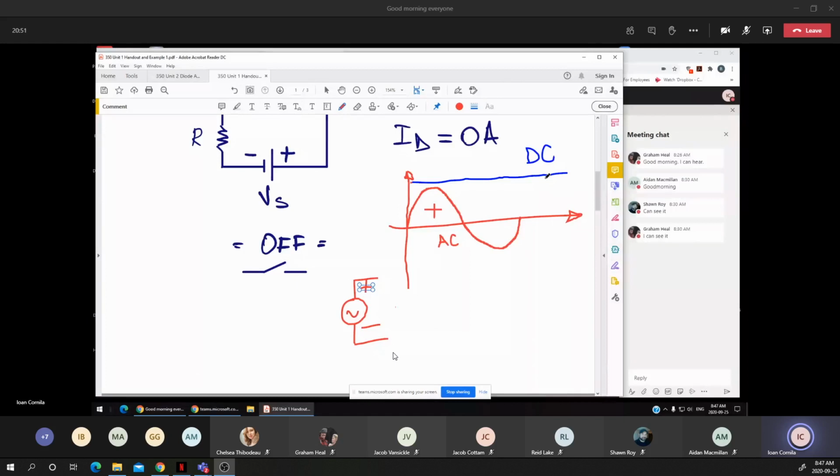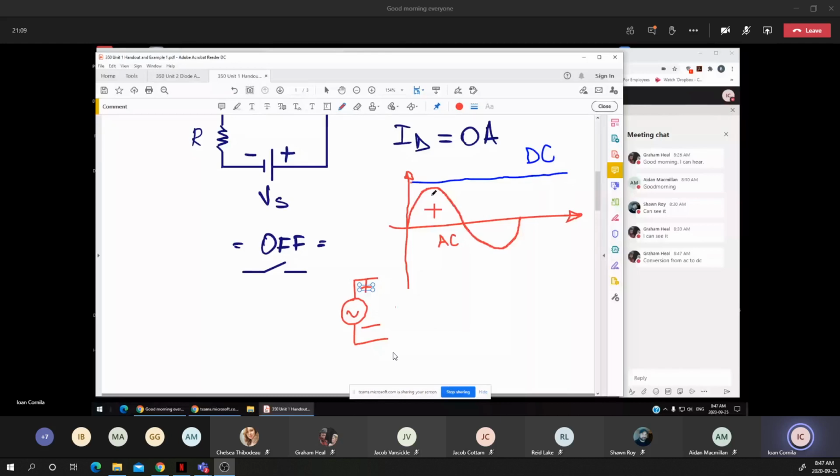And what's the purpose of a rectifier? Conversion from AC to DC. Again, this is what you are looking for. That's great, Graham. A rectifier will convert an AC voltage into a DC voltage.